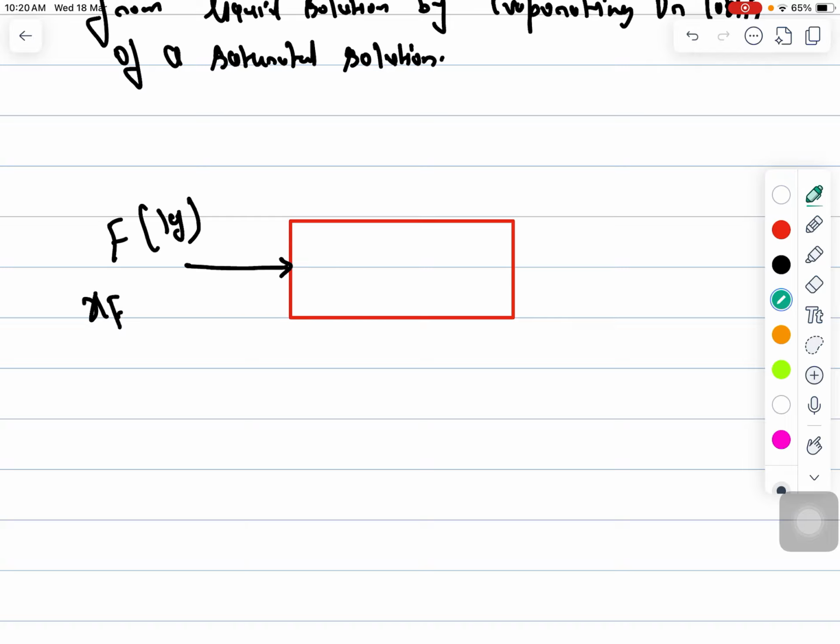Then you will have W1, also in kg, and we call it a hydrated solid or hydrated crystal, right? It is called hydrated because you are forming this crystal while evaporating the water, but some amount of water gets trapped in the solid.